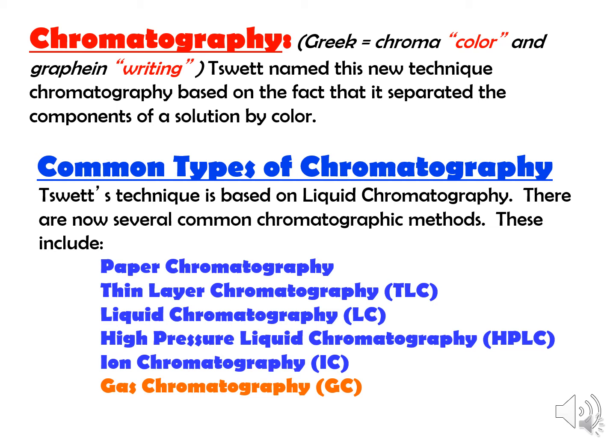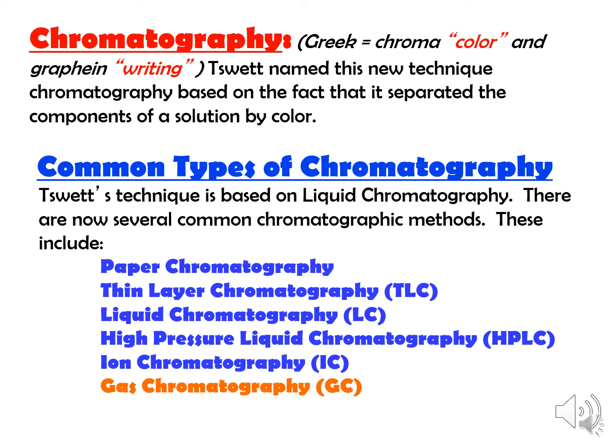So there's a lot of different kinds of chromatography. You're probably familiar with some. Paper chromatography is used a lot in middle school and high school chemistry labs, where you put some ink or food coloring, make a spot on some paper, and then use the paper as a wick and let some water run up through the paper, and you can see the separation of the components and the different colors as the water moves along the line.